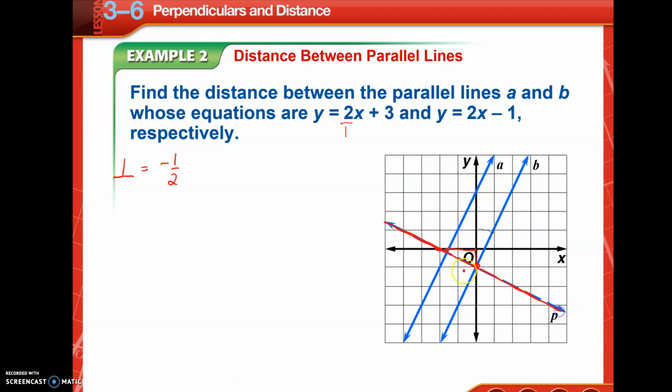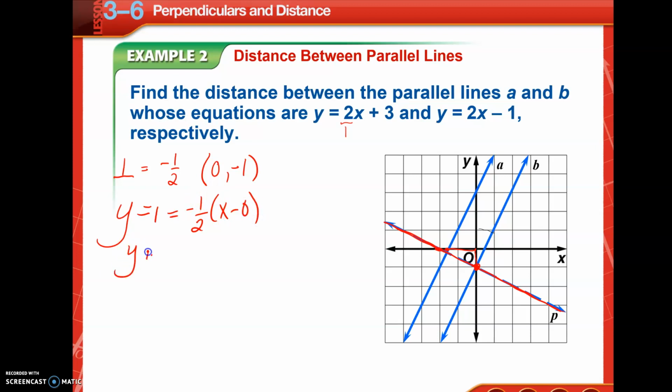So we're going to write the equation of that line. Again, a few ways I could do it. I could pick a point, this point I started, and write the equation. So let's look at that. Let's use that point. X is 0, y is -1, and I'd go y minus the y of my point: y minus -1 equals -1/2 x minus 0.